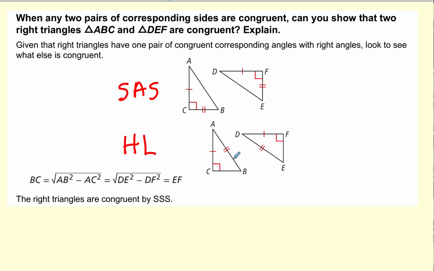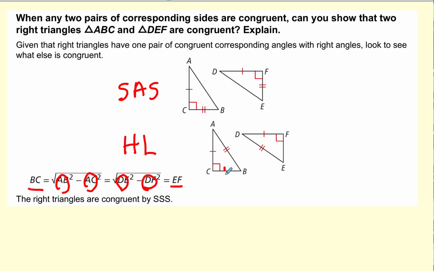The Pythagorean theorem says that if you know two sides of a right triangle, you can find the third side. Since these sides are both exactly the same, when we put them into the Pythagorean theorem, we are going to get the same answers.